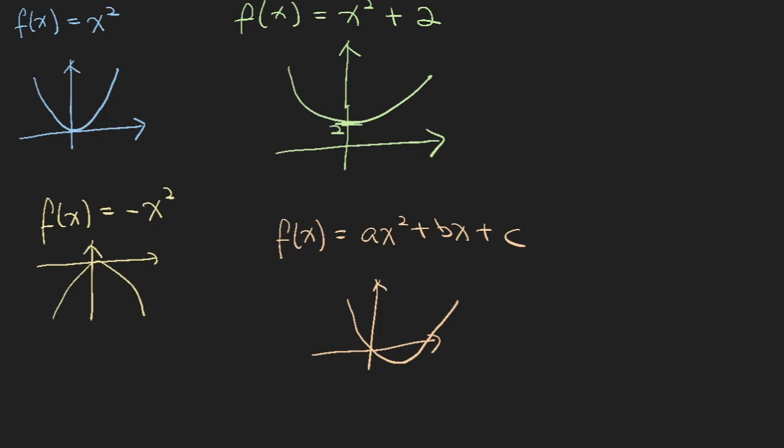Now we know that the sign in front of the x squared determines whether your graph faces up or down. And we know that if there is a constant, this is the value where your graph intersects with the y-axis.